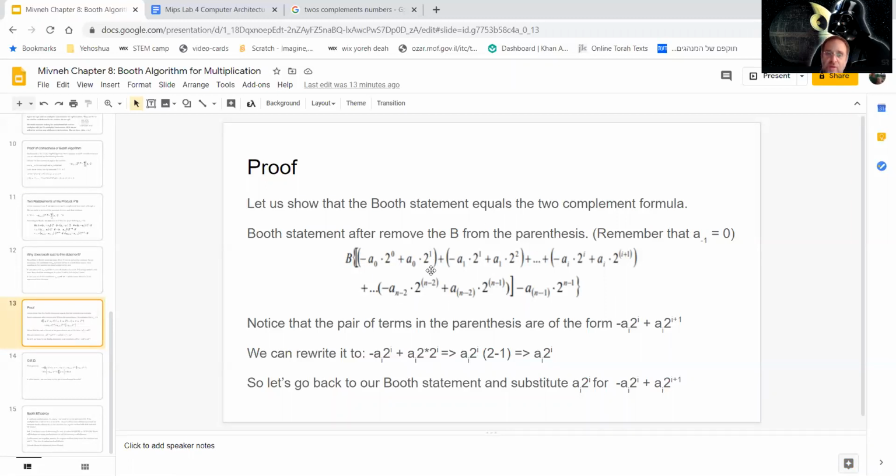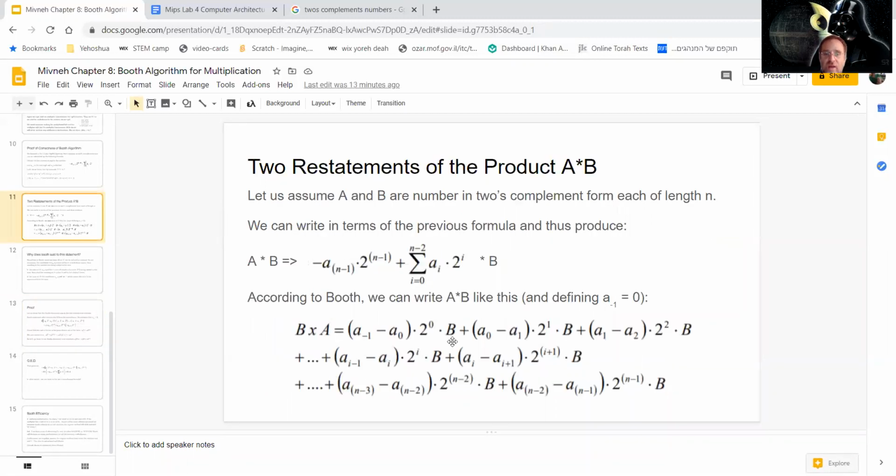So if you take the B out, then you're left with 2 to the power 0 times A minus A plus A minus A times 2 times, you can take out, each term has a B in it.